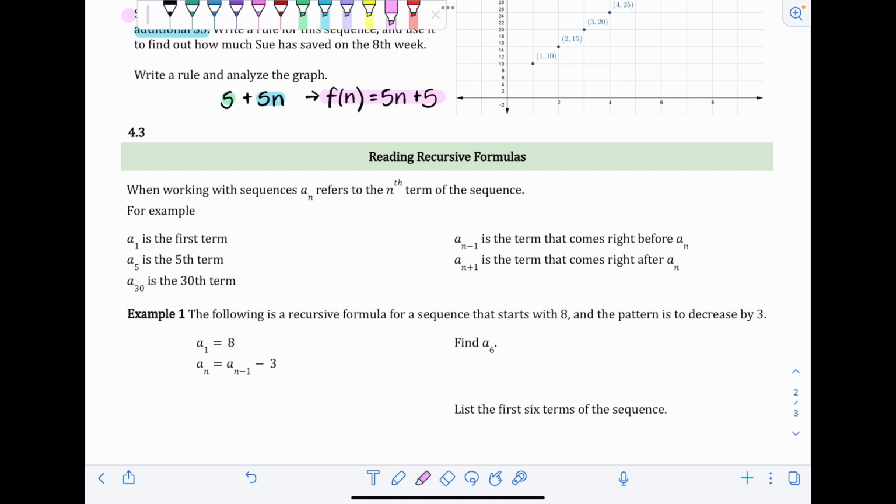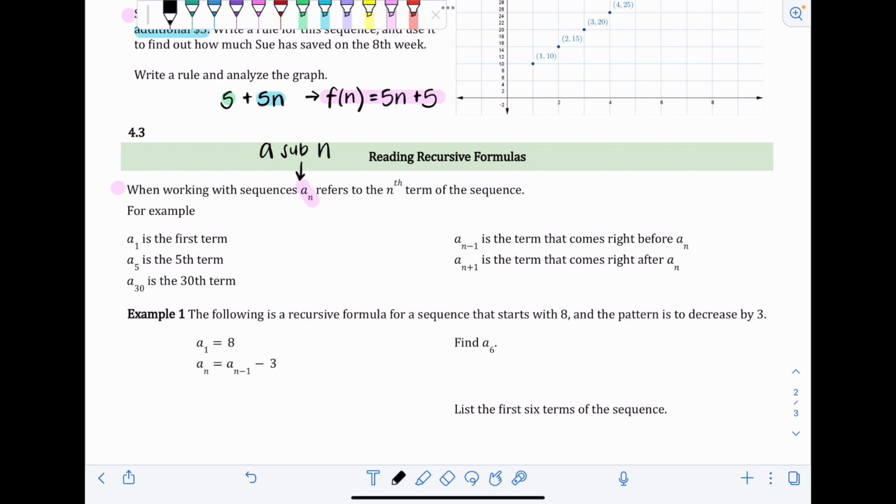So in the upper left, when working with sequences, there's this A with a little n right there. When you hear me read that, I'm going to say A, and then sub for short, and then n.